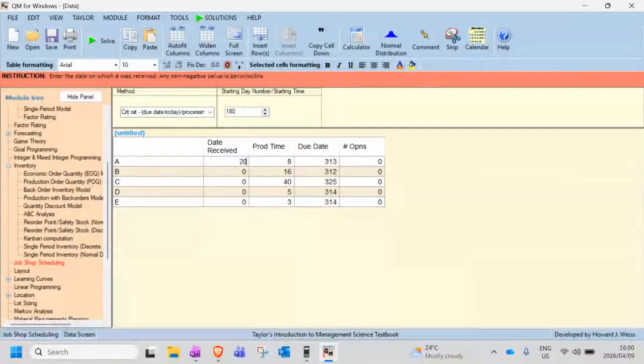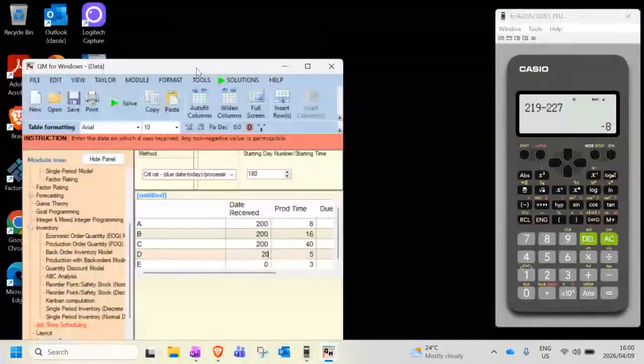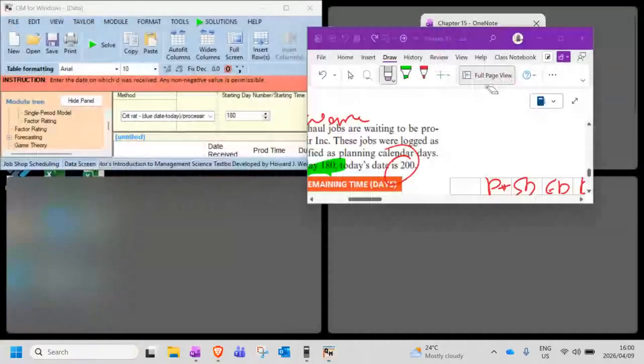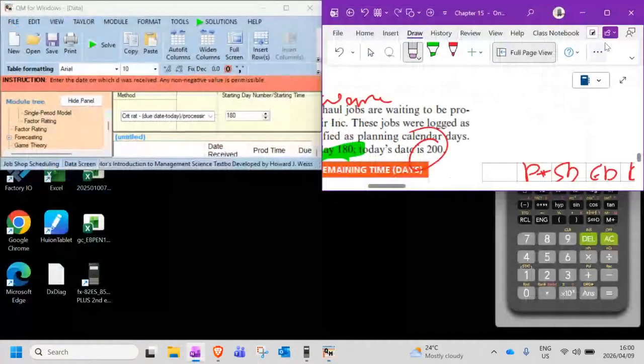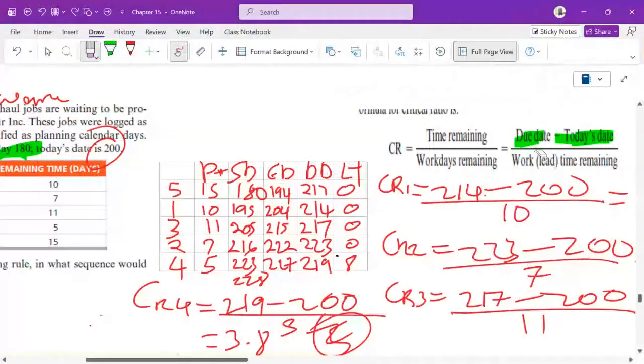Is it going to be 21? No, all of them 200. Date received, start date. Wait, what am I saying? Let's go get the formula again. I don't want to make a mistake. Date, due date, today's date.